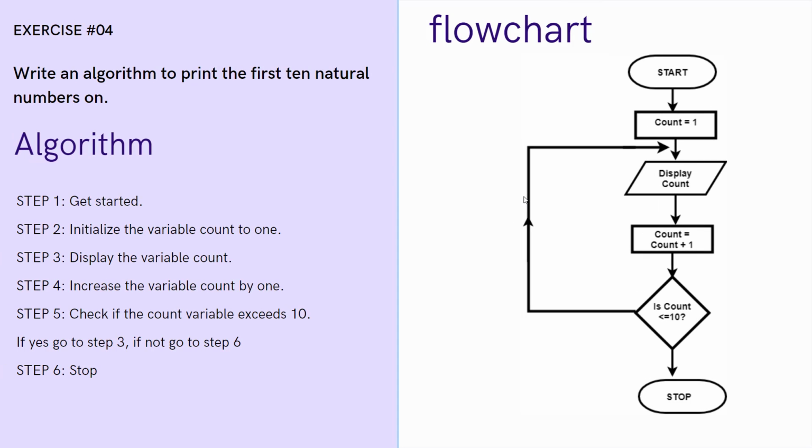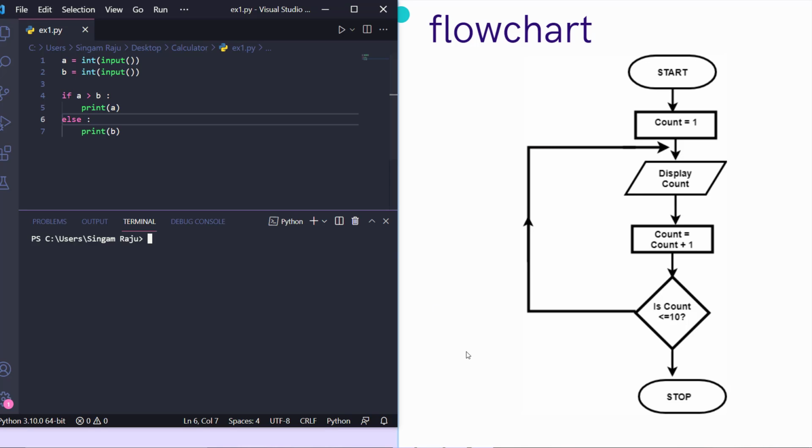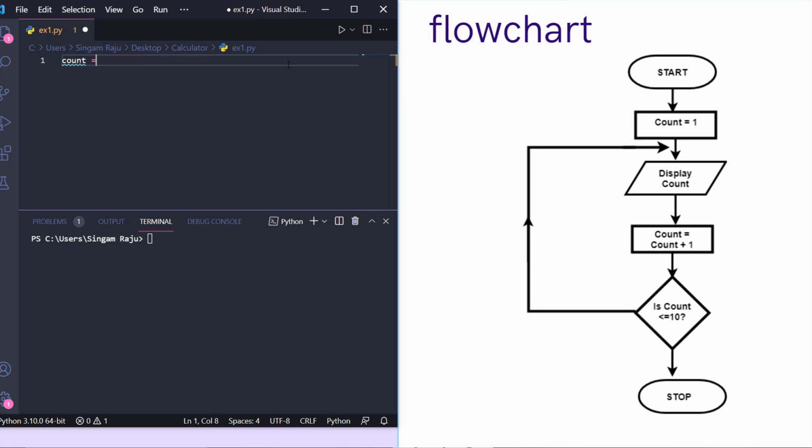Okay, let me do this one thing for you guys. First we're gonna take count. Let me clear this one. Count equal to 1. Done. And display count. First we're gonna display count.